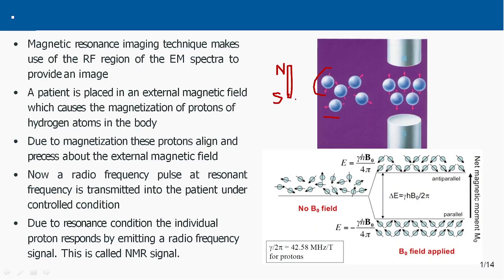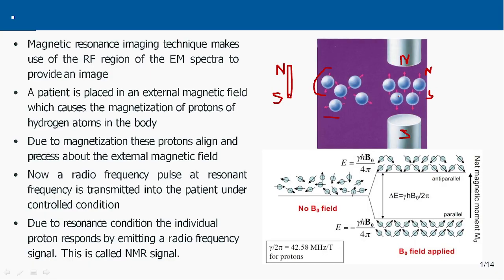So when our body is placed under a strong magnetic field, as shown, with the north pole and the south pole of this magnetic field, then these protons or dipole moments will align themselves in a particular direction, either in parallel, or in anti-parallel.